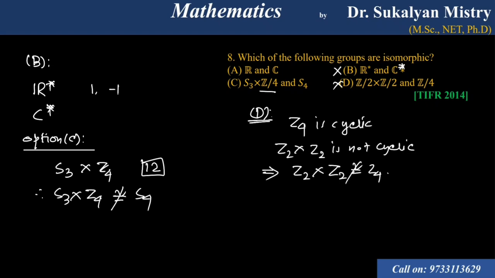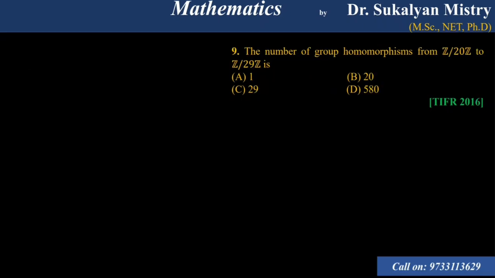Okay, so next problem. The number of group homomorphisms from Z/20Z to Z/29Z. Z/nZ is isomorphic to Zn.